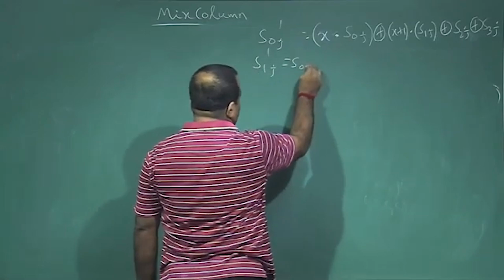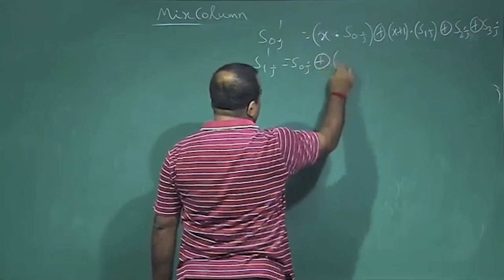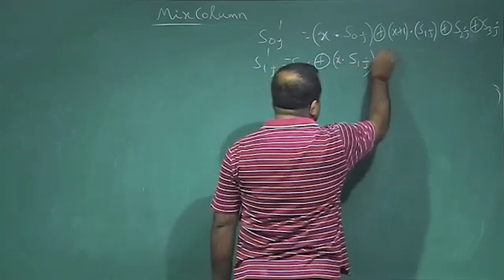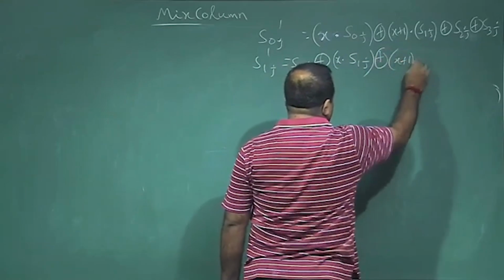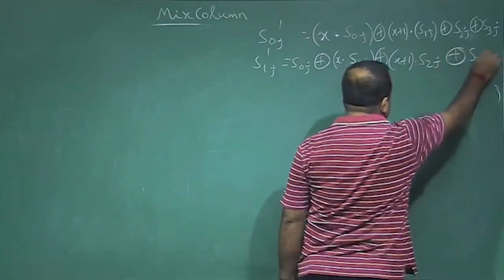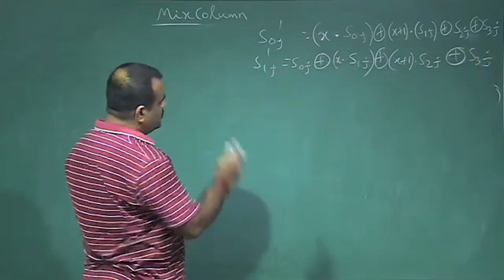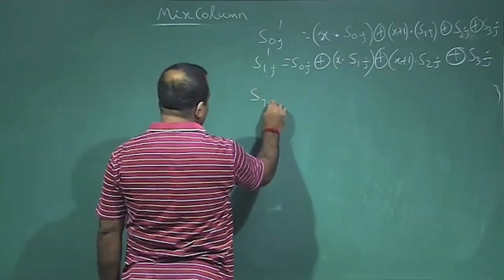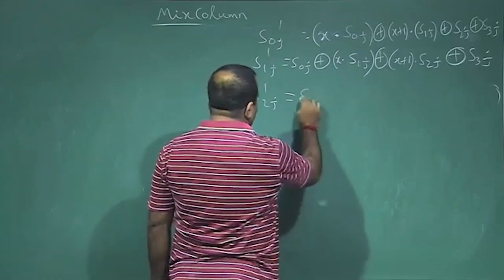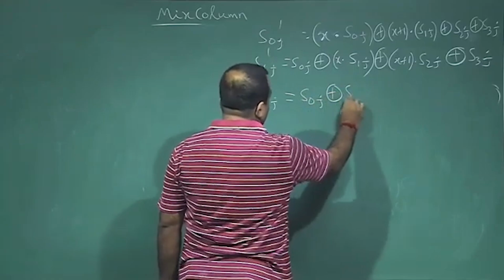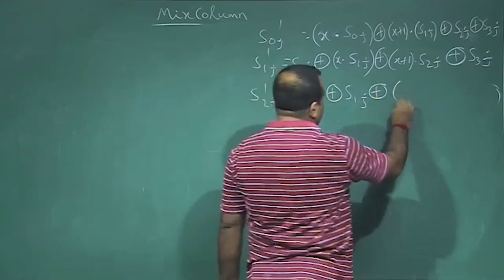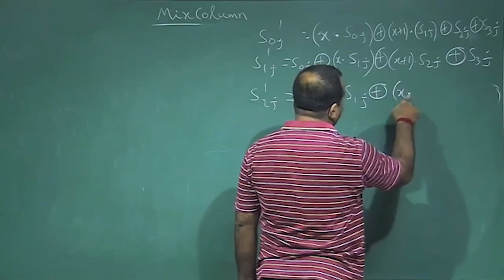Now, S1j prime is basically symmetric. S0j will remain unchanged, then we multiply x with S1j, then x plus 1 with S2j, and then S3j will remain unchanged. Okay. So, this is symmetric. For S2j prime, these two will remain unchanged: S0j XOR with S1j, then we will perform x into S2j, where this into means field operation.